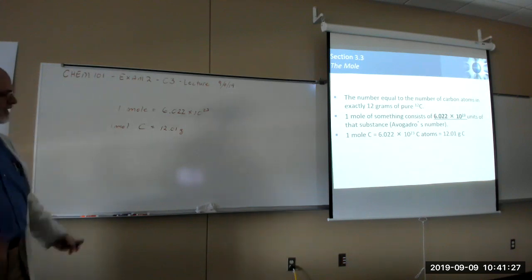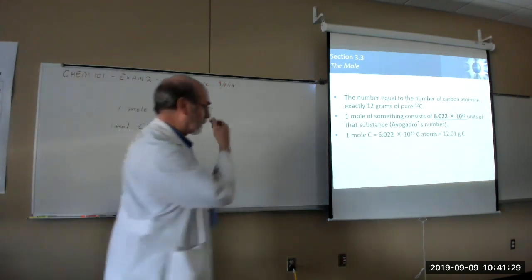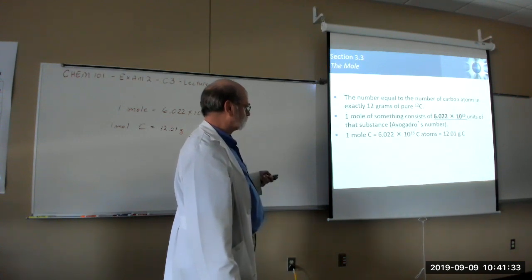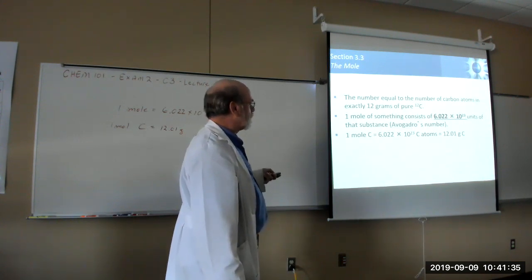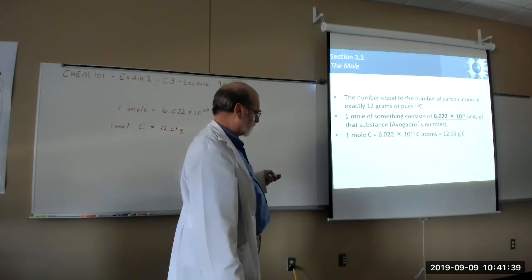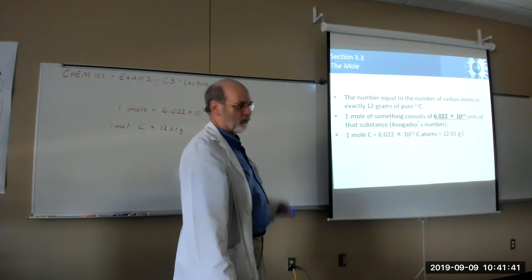So for a carbon atom, we would have to put grams, or we have to do 1 mole. If you have this many carbon atoms together, they will weigh 12.01 grams.